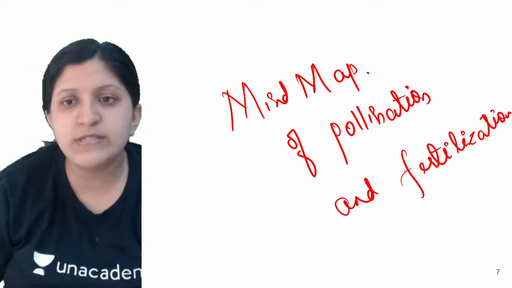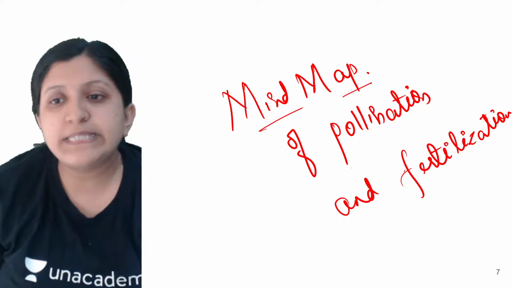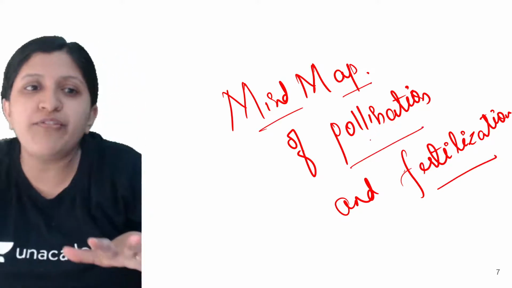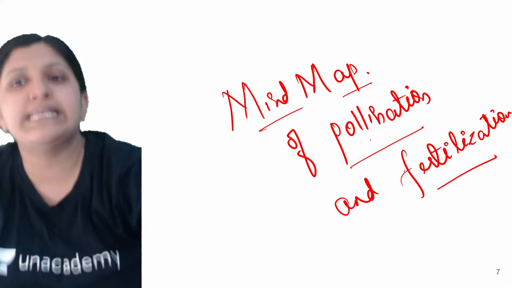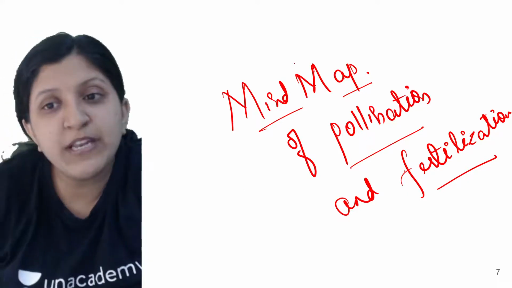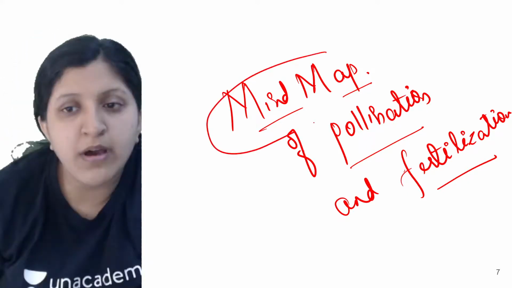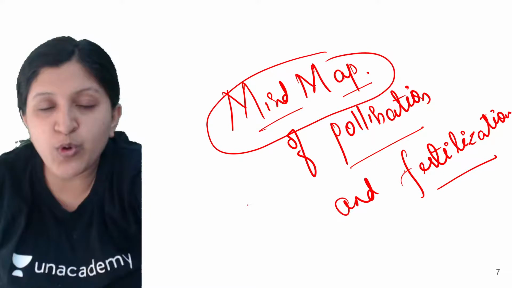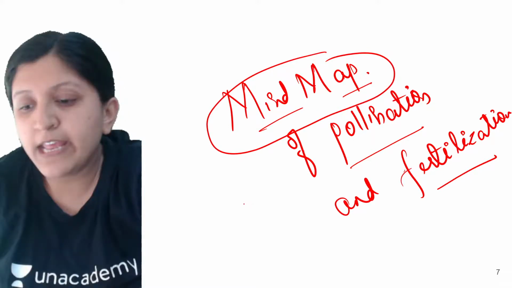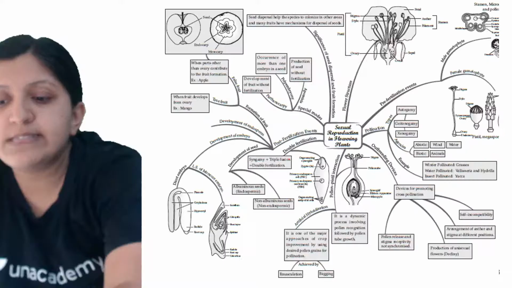The mind map will give you a gist of what exactly is there, and for last minute revision, this particular mind map is going to help you a lot in your finals preparation.